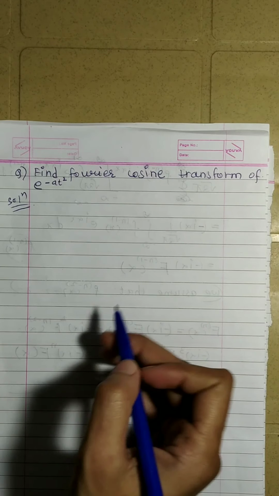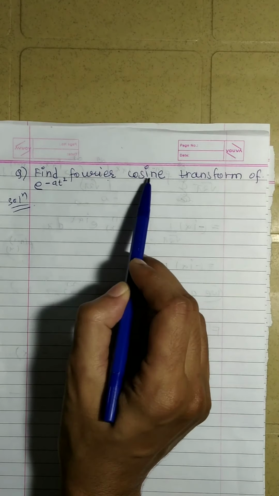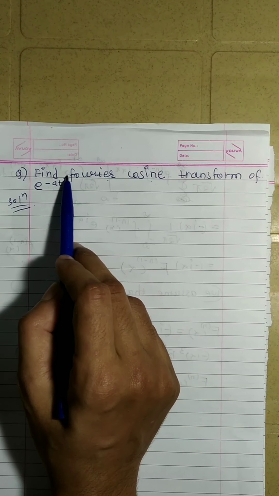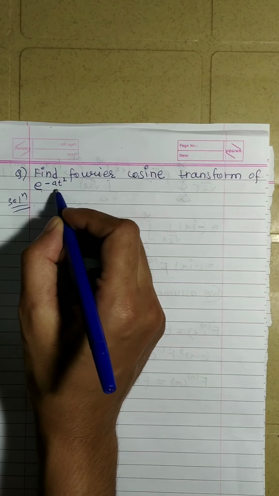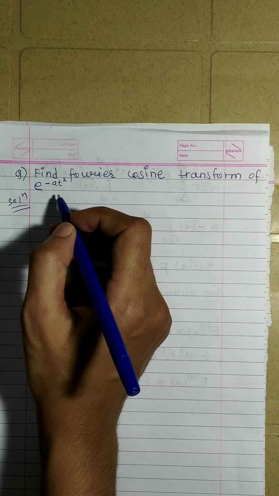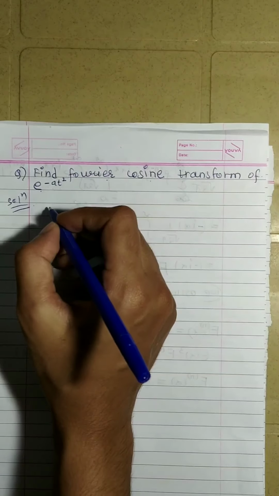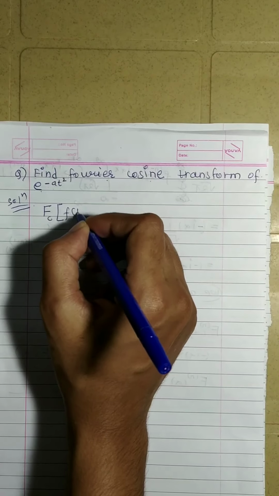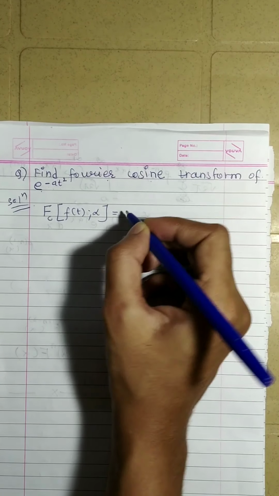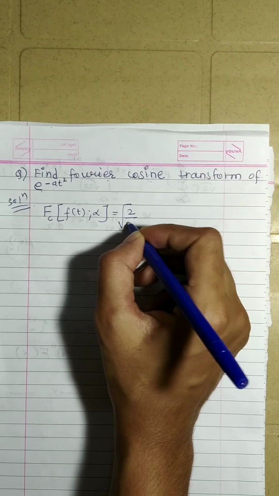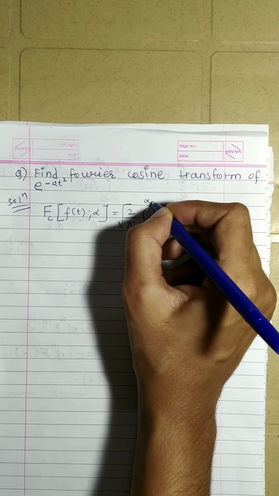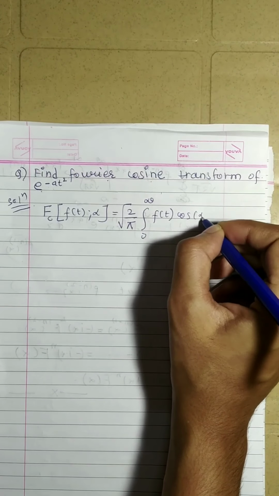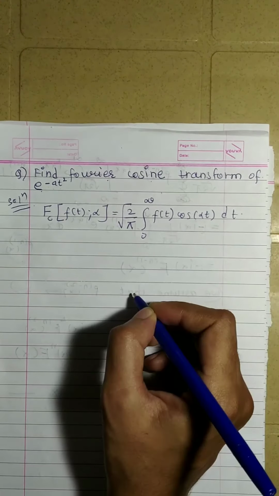Let us look at one example. Find the Fourier cosine transform of e raised to minus a t square. The function is given as e raised to minus a t square. From the definition of the Fourier cosine transform, we have root of 2 upon pi, integral from 0 to infinity, f of t cos of alpha t dt.